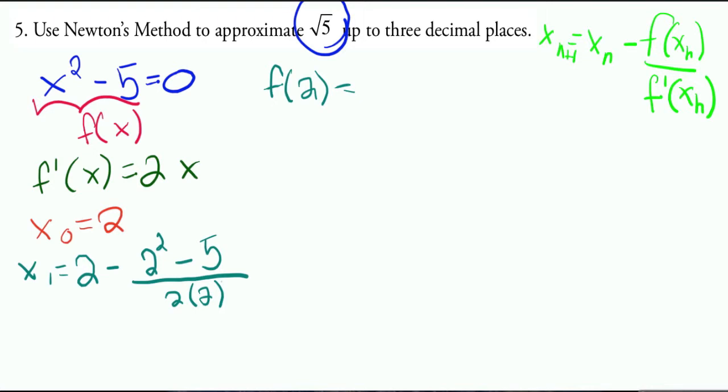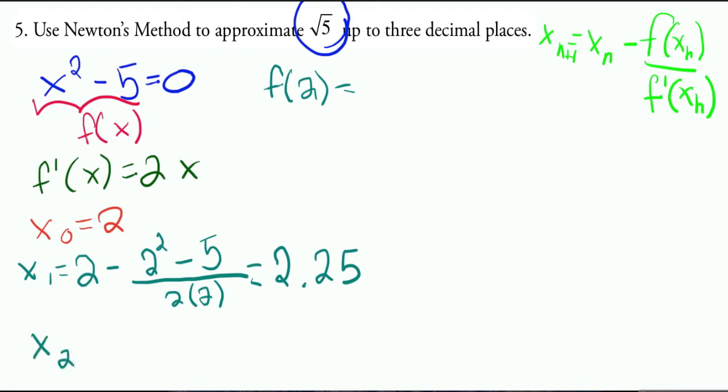I need my calculator. Let me go get it real quick. So 2 minus negative 1 over 4. I didn't really need my calculator for this one actually, but I'll need it for the next one. Okay, so 2.25.